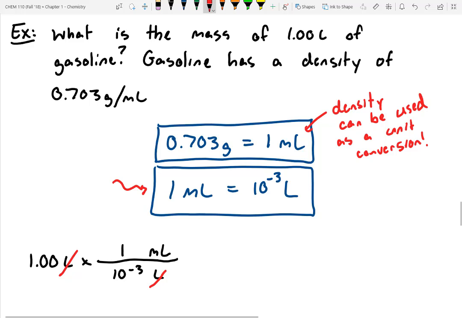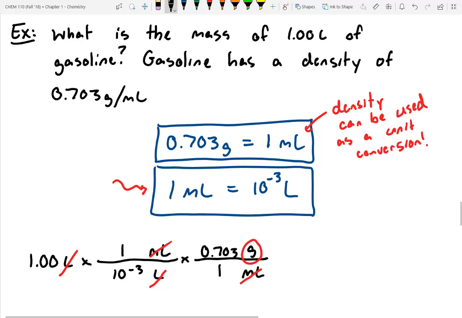All right, now what we want to do is convert from milliliters to grams. So I can go ahead and I can say, all right, we want to cancel out milliliters, so I'll put that on the bottom, and then grams on the top, and that will allow us to cancel out milliliters and leave us with the unit of grams. All right, and for our top unit conversion, it says that 0.703 grams are paired with 1 milliliter of gasoline, right?